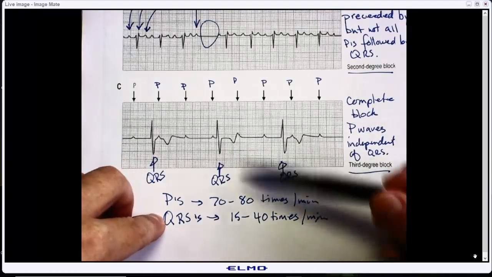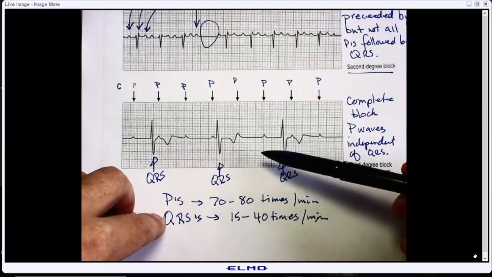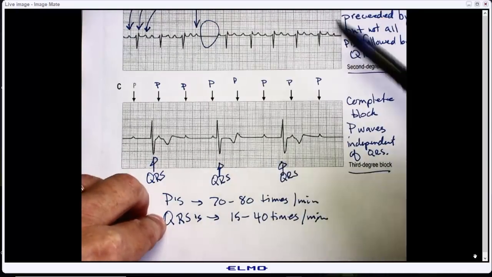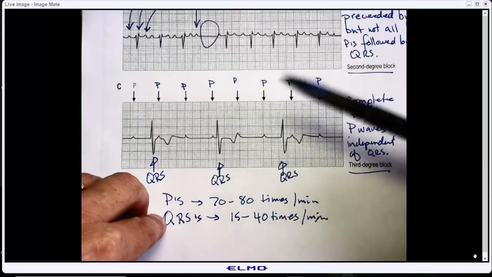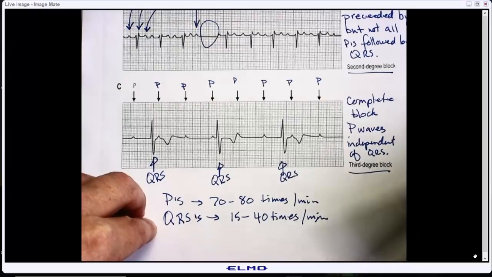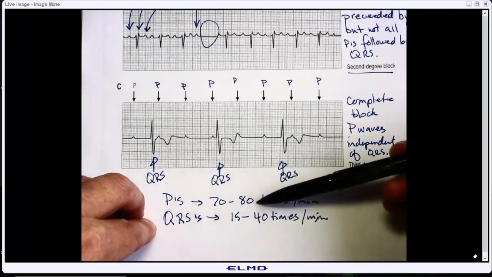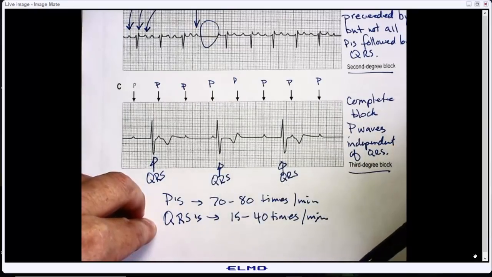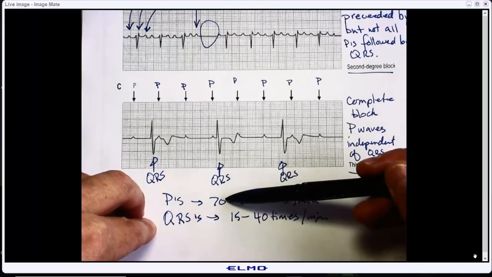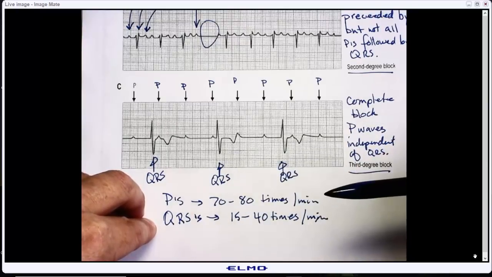Okay, so you could probably deduce here that there is something absolutely wrong with the AV node and the bundle of His, because the Purkinje fibers have taken over pacing of the ventricle. The SA node is now only pacing the atria.